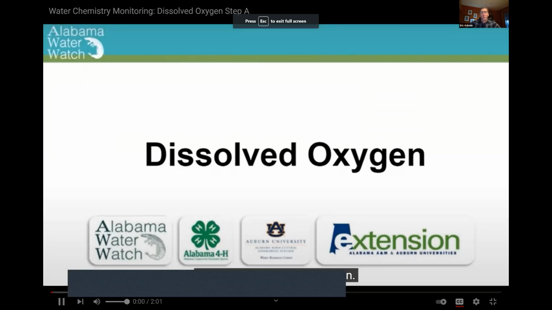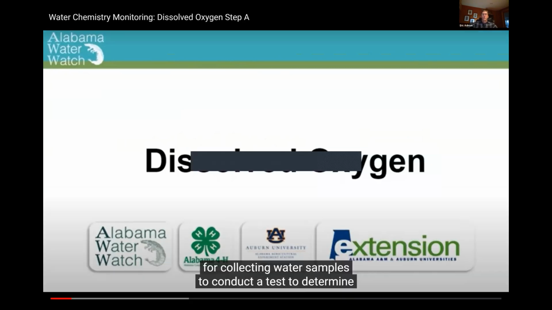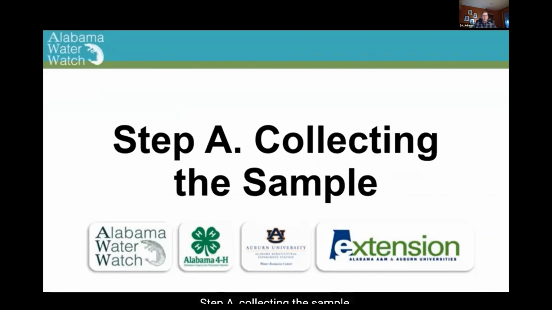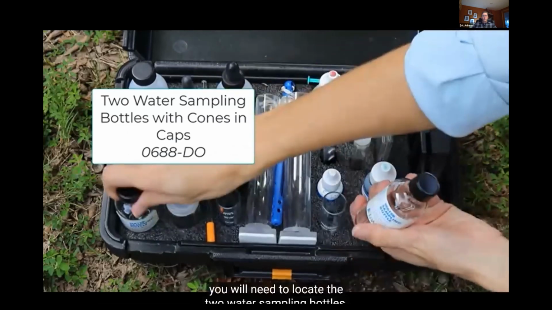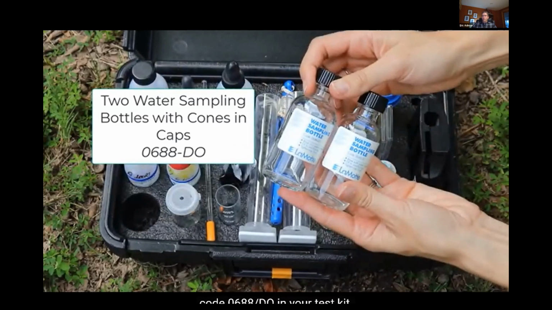Dissolved oxygen. This video will show the proper method for collecting water samples to conduct a test to determine the average dissolved oxygen of a water sample. Step A, collecting the sample. To begin this portion of the test, you will need to locate the 2 water sampling bottles, code 0688/DO, in your test kit.